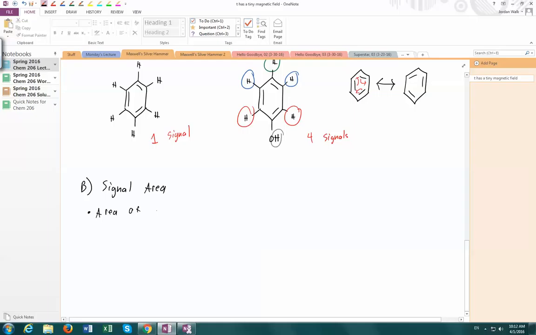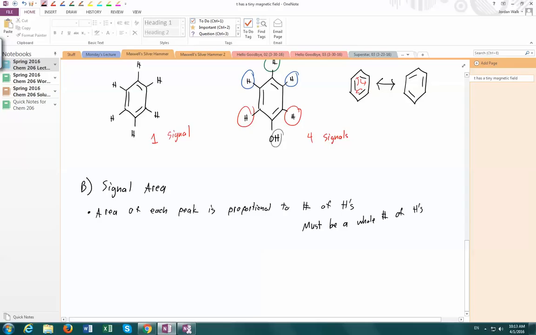The area of each peak is proportional to the number of H's. Now, importantly, can we ever have like a half of a proton? No, and so ultimately we want to keep in mind that it must be a whole number of H's.